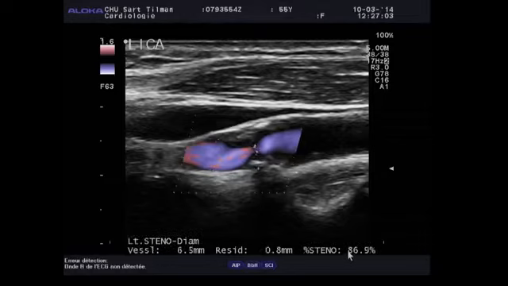There's another way to measure the stenosis. It's according to ECST, the European Carotid Surgery Trial, and it compares the diameter here inside the stenosis and the normal diameter here at the same site, and you can see that's 86, almost 87%.